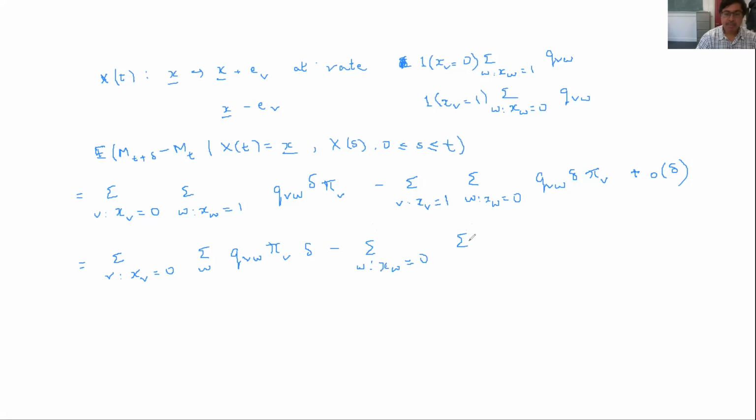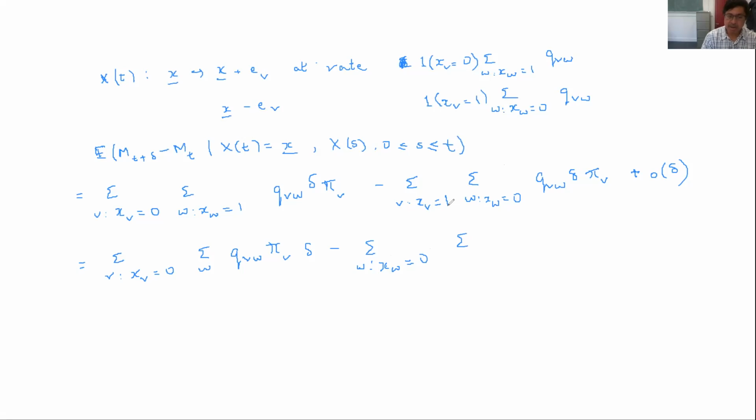Now here I had the sum over v, xv equals 1, but because I added here the sum where both xv and xw were 0, I have to subtract the same thing there. So with the minus sign, I'm adding a sum over v where xv is 0. Okay, so xw is 0 is taken outside. I'm adding over v such that xv is 1, and I'm also adding over v such that xv is 0.